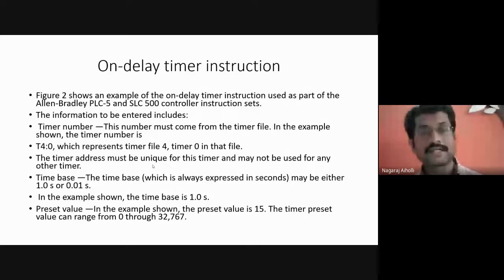Timer 2 cannot have the same address T4:1. Its address will be T4:2. Two timers cannot have the same address. That is the meaning of this sentence: the timer address must be unique for this timer and may not be used for any other timer. Unique means one timer will have only one address. It cannot happen that one timer has two addresses, or two timers have one address. Not possible.